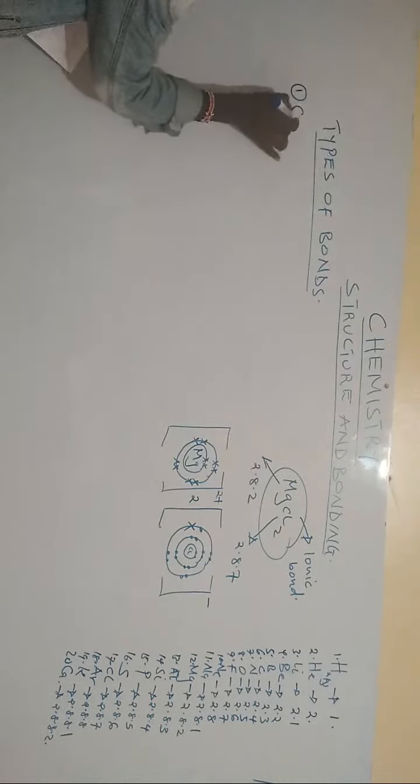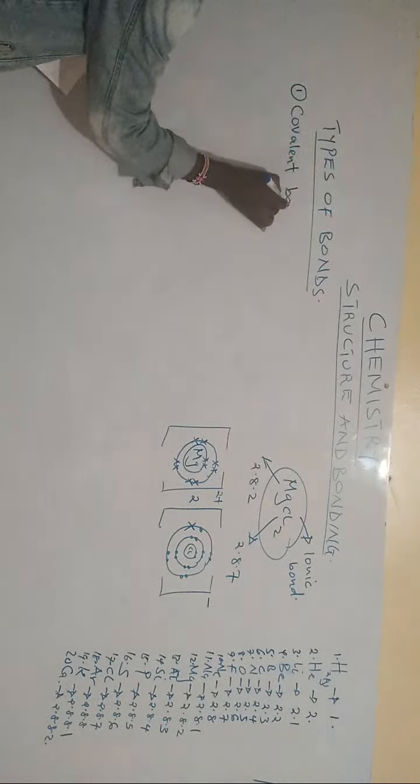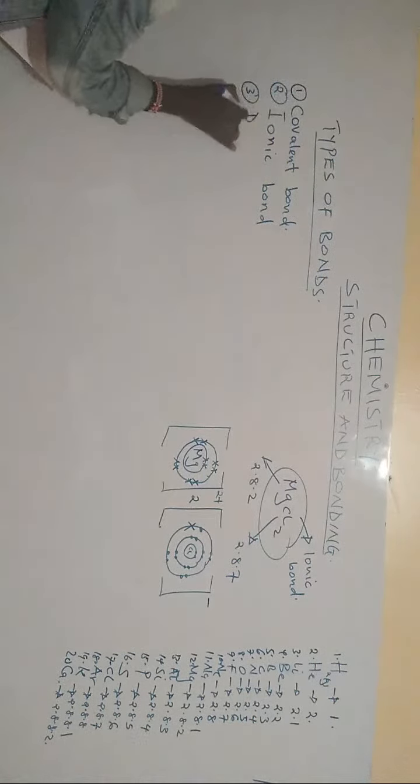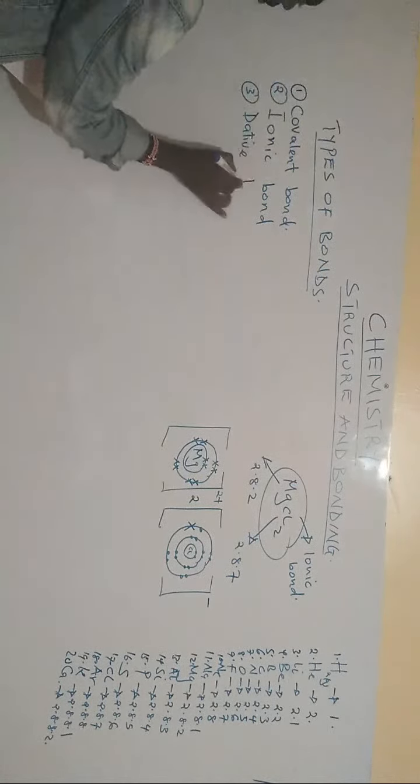So let me take you through the types of bonds. We have number 1, the covalent bond. Number 2, we have the ionic bond. Number 3, we have the dative bond.